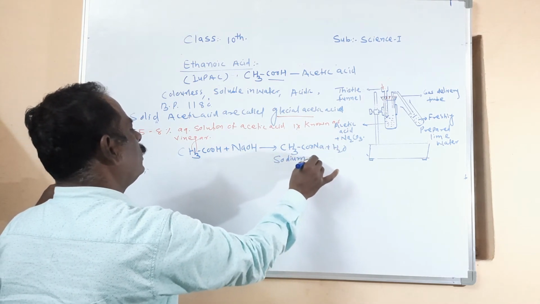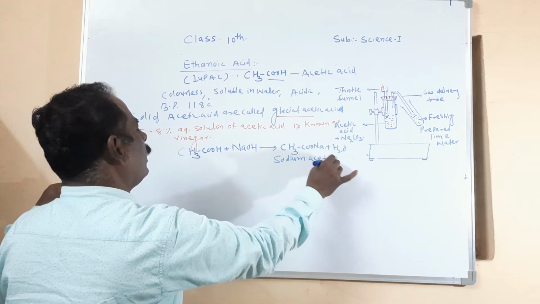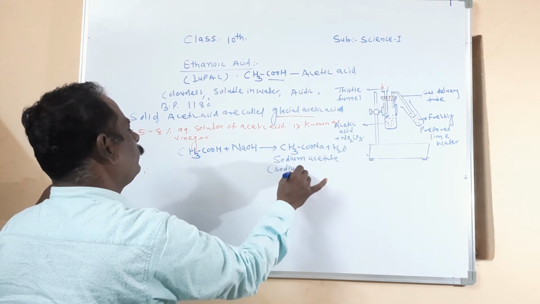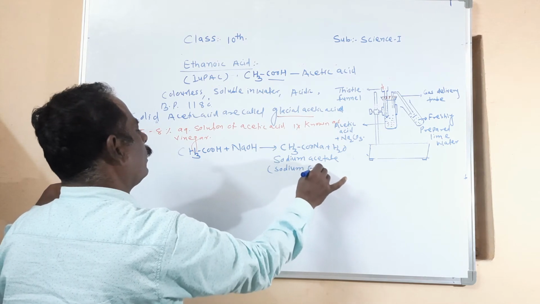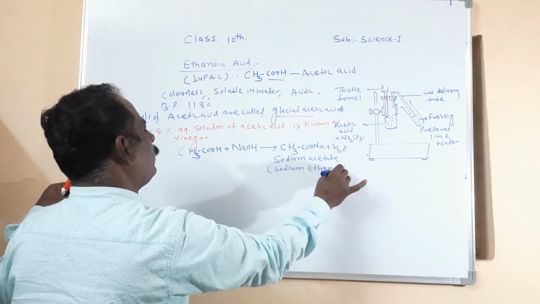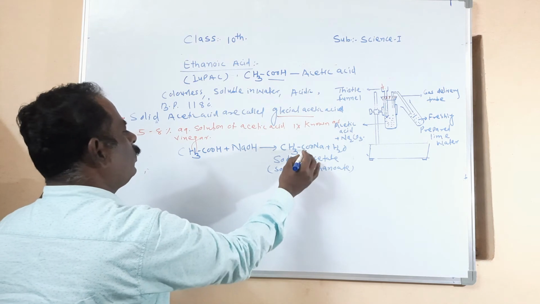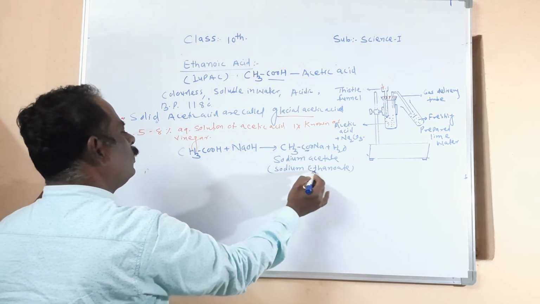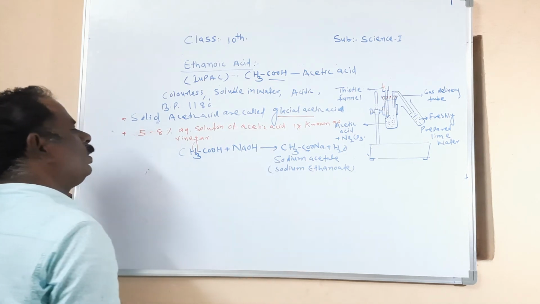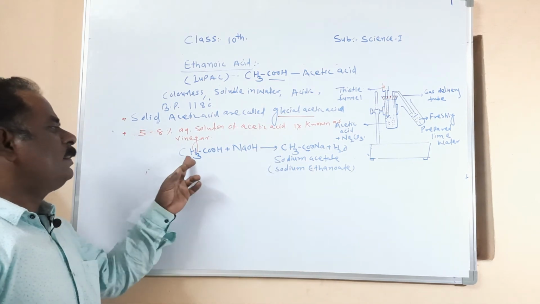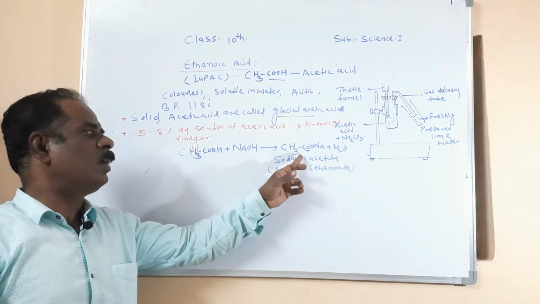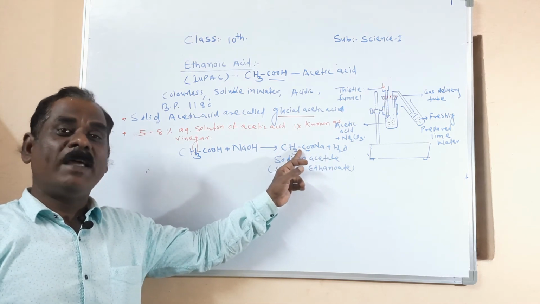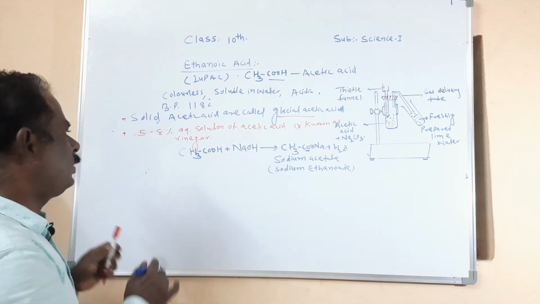The common name is sodium acetate. The IUPAC name is sodium ethanoate, because here E is replaced by OATE. It means acid reacts with base to form salt and water. It is an example of a neutralization reaction. This is the first reaction.